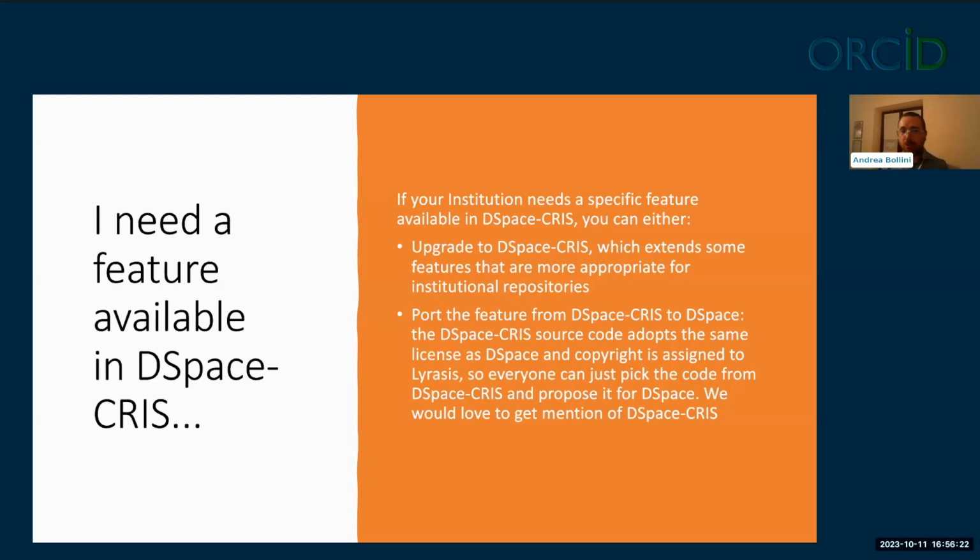So everyone, not just 4Science, everyone can take code from our GitHub repository and create a pull request for DSpace, to speed up the adoption of these features also in DSpace. We only ask that if you take some feature from DSpace-CRIS and contribute it back to DSpace, please give a mention to DSpace-CRIS saying that this feature was backported from DSpace-CRIS to DSpace.